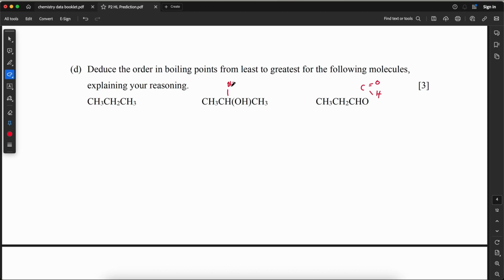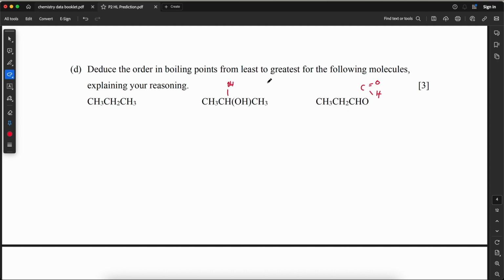For this one, it has hydrogen bond, so it will have the highest boiling point, because the aldehyde only has dipole forces due to C double bond O. So it is polar, but it doesn't have hydrogen bond. Therefore, this would be in the middle.